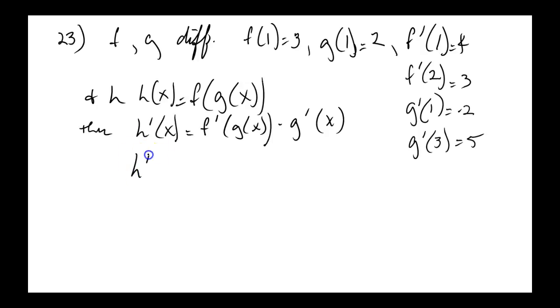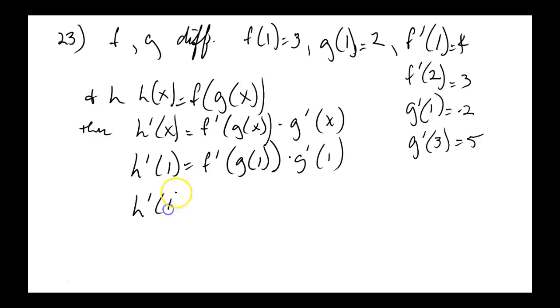So h prime of 1 is equal to f prime of g of 1 times g prime of 1. Now we just plug that in. So h prime of 1 would be f prime of, what's g of 1?